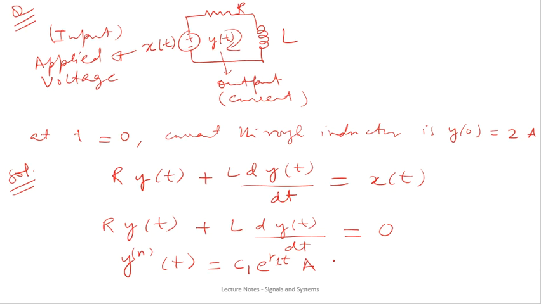Now the question is, you have to evaluate the value of this r_1. So r_1 will be the root of the equation. So what will be the equation from which this r_1 will be calculated? So this will be the equation whose root will be r_1. So r_1 will be nothing but minus R by L. Now the next thing will be to calculate the coefficient C_1.